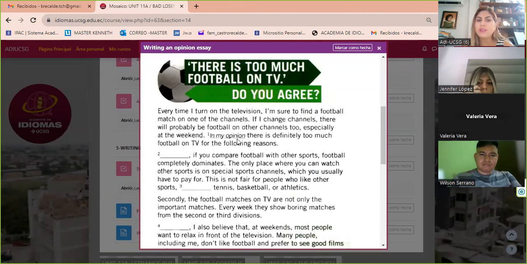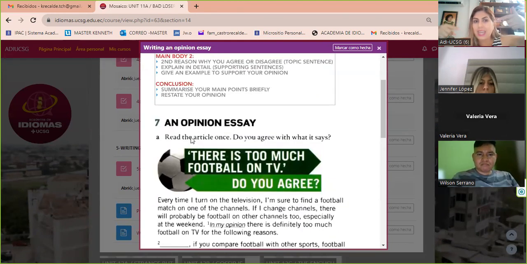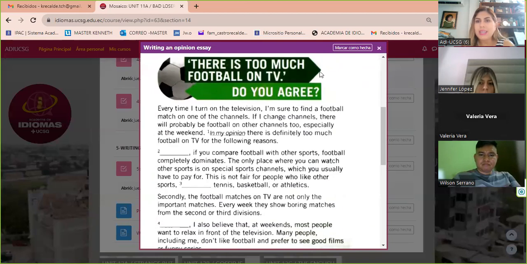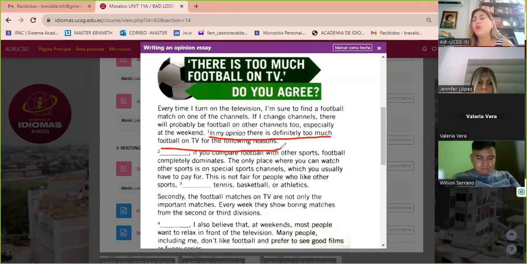If I change channels, there will probably be football on other channels too, especially at the weekend. That is the restatement. In this part, the person is paraphrasing the question. Now you will find the thesis statement. Here is the thesis statement, the part that says, in my opinion, there is definitely too much football on TV for the following reasons.